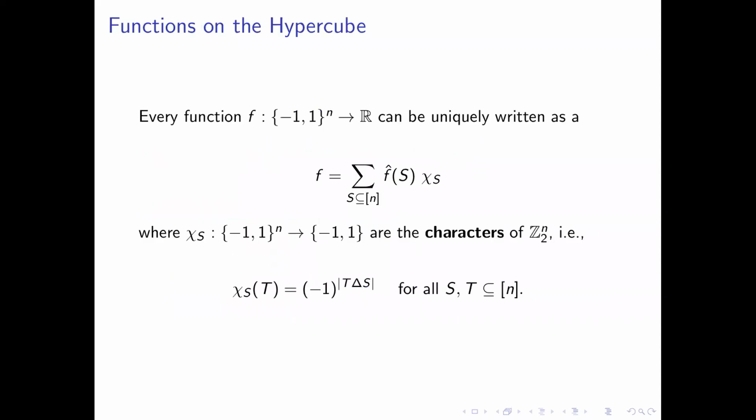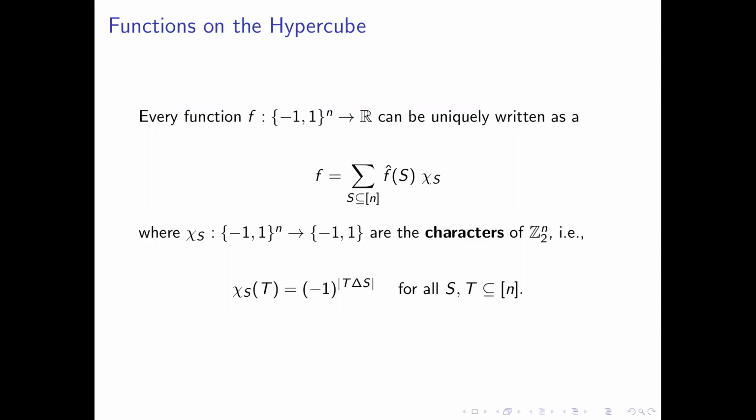I'm going to start with some review. This is just complexity theory 101. Every function on the Boolean cube, and computer scientists like to write the cube as {-1, 1}^n rather than {0, 1}^n, but regardless of how we represent the domain, we can write these functions in their Fourier basis.